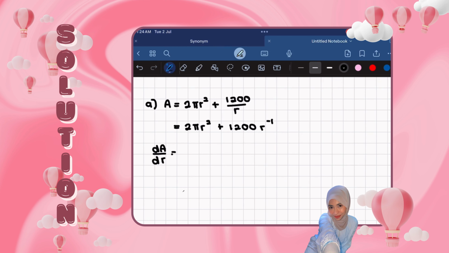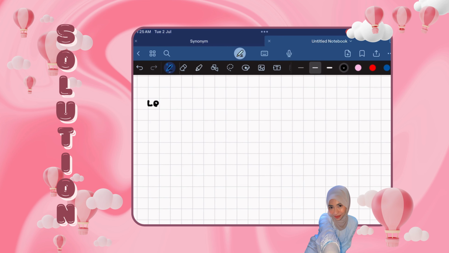So, dA/dr is equal to 4πr − 1200r^-2. This can also be written as 4πr − 1200/r². So, in order to get the value of r, we need to let dA/dr equal 0.